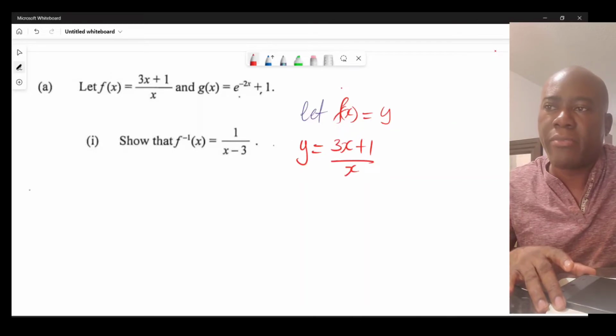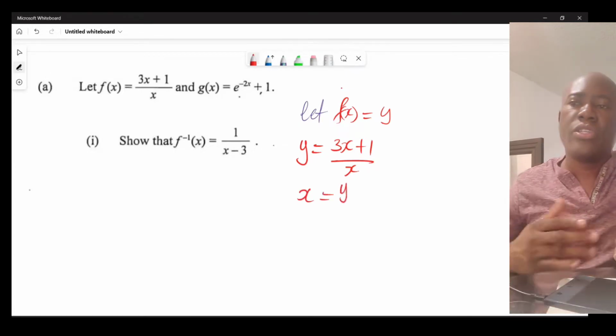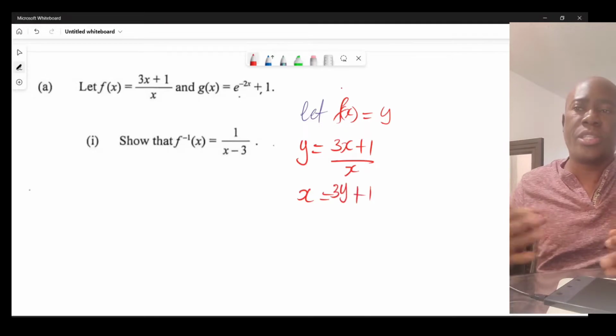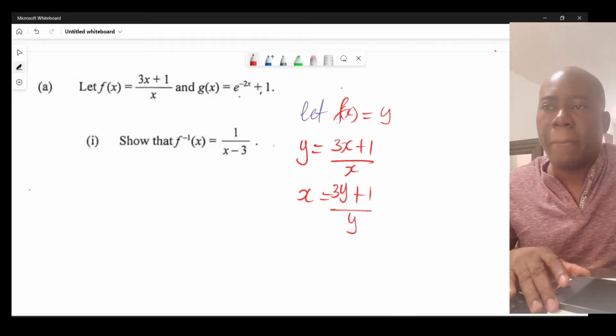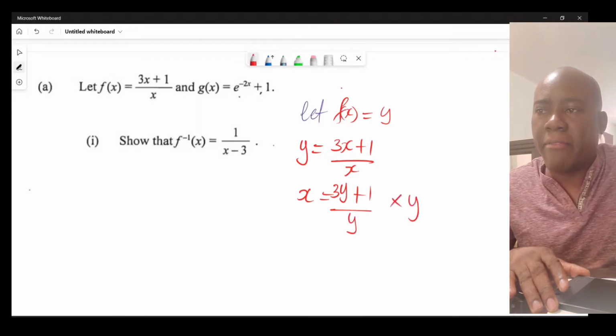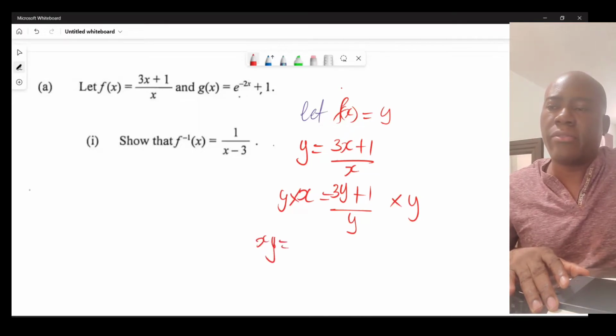So here we have it: x is equal to (3y + 1)/y. We've switched x and y, and then we transpose for the new y. I'm going to multiply both sides by y, giving xy equal to 3y + 1.